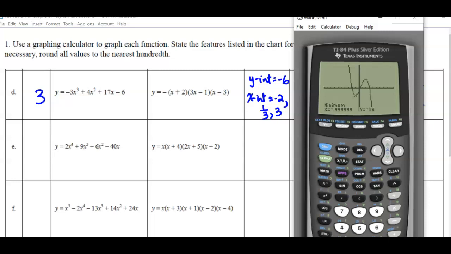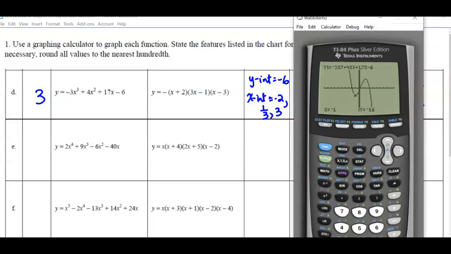If I'm in trace mode, and I put in an x value, so trace, and I put in -1, it assumes that's for x. Enter on that, it goes to -16. And really, that's the minimum point. The minimum value is -16. Now, it's not the overall minimum, right?